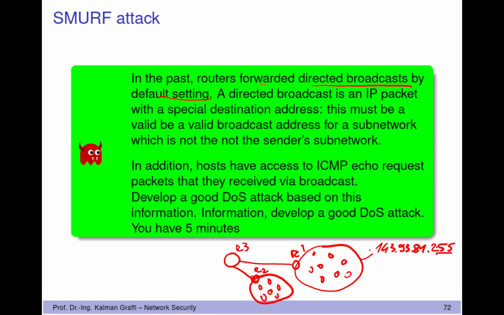So if this is the host ID, all ones, that means it's a broadcast. And typically the routers forwarded the message. Okay, so let's say this client sends a message to this IP address, so the regular routing takes place and the message arrives at R1, and that's broadcasted for a subnetwork, which is not the sender's subnetwork.